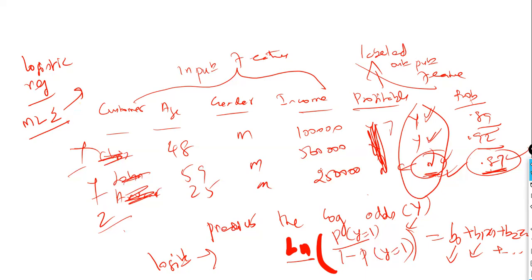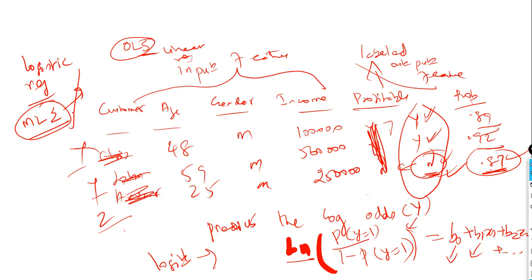To estimate the parameters, here we use MLE, whereas in the linear regression model, the OLS method is used to estimate the coefficient values, beta naught, beta 1, beta 2, and so on. What do you mean by parameters? The coefficients are also called parameters.